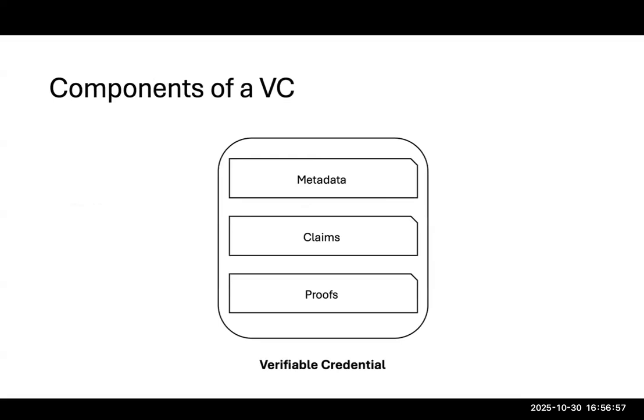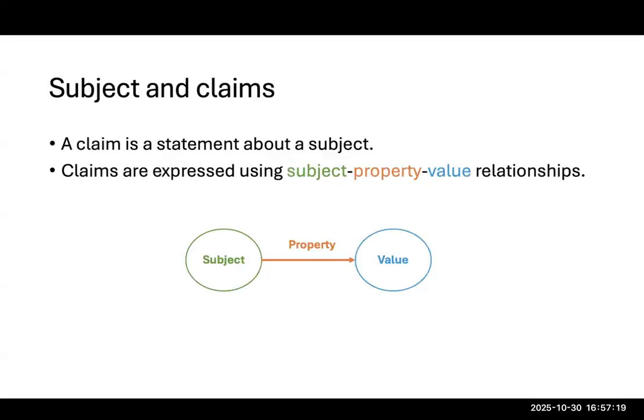Okay, this is the simple representation of a verifiable credential. Some metadata, the claims, and the proofs. Proofs made by the issuer. Subject and claims. Something that I think you now know very well.